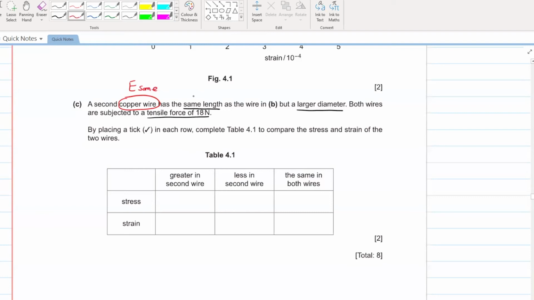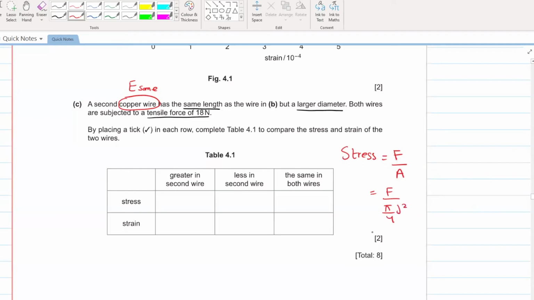Same length as well, but a larger diameter. If you have a larger diameter, what will happen to the stress? Stress is equal to force over area. And you can replace area with what? Area is equal to pi over 4 d squared.